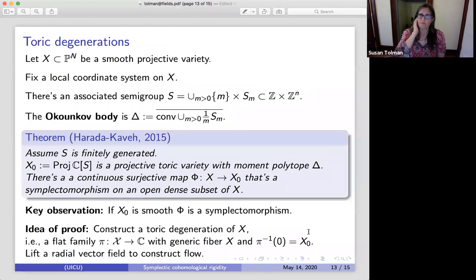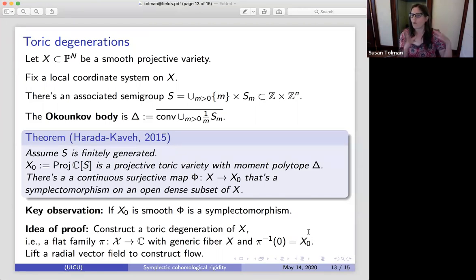Okay, so this is where toric degenerations come in. If Megumi is here, I'm going to slaughter her paper, but hopefully not in a bad way. We want to start with a smooth projective variety X. Remember, that means to us it's inside projective space. I want to fix a local coordinate system on X, so I want to take a coordinate patch on X, which identifies part of X with C^n.